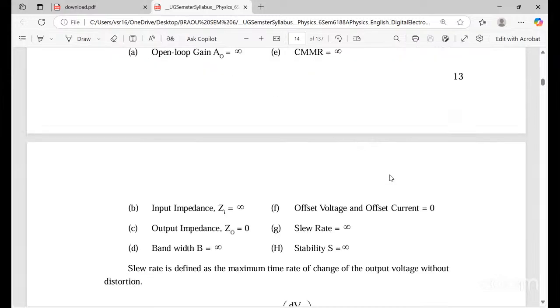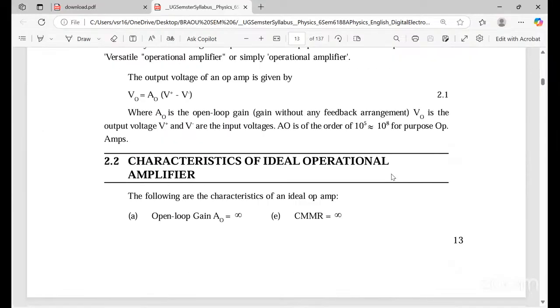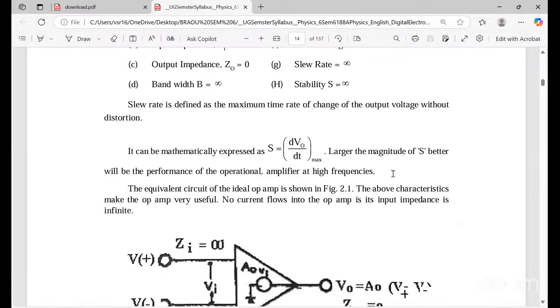Input impedance Zi is infinity. Output impedance Z naught is 0. Bandwidth is infinity. CMRR, common mode rejection ratio, is infinity. The slew rate is infinity, and stability S is infinity.